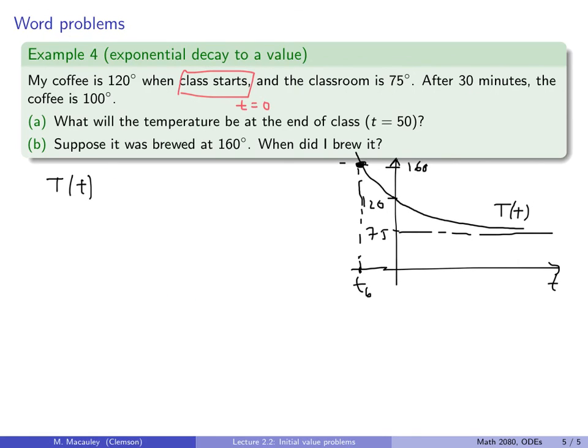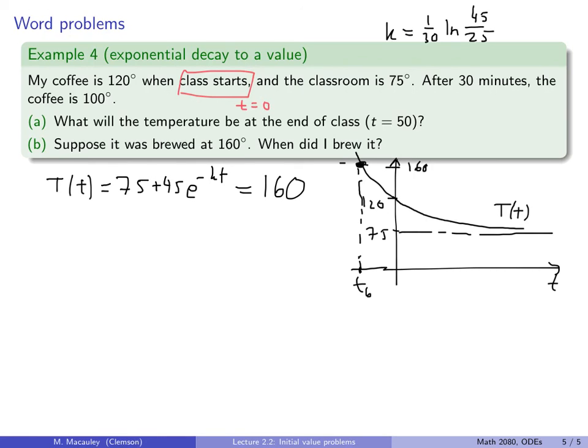That is, 75 plus 45 e to the minus kt, and I'm going to put k up here. k was 1/30th natural log of 45 over 25. But I'm going to keep it as k. So we want to know, when was the temperature equal to 160?